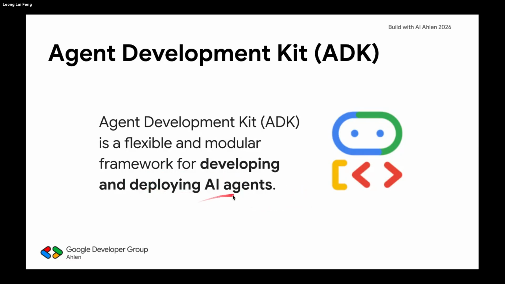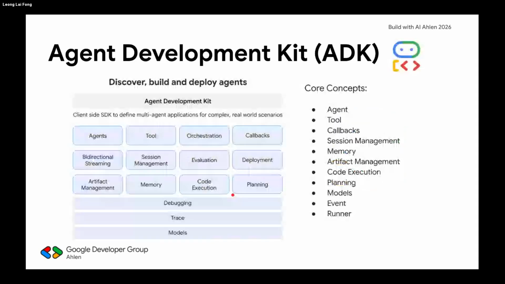So let's take a look at a bit of review or introduction to the ADK. Like I mentioned, although we normally focus on building the AI agent with tools or MCP and so on, it's actually much more than that. It is a very development-friendly framework.